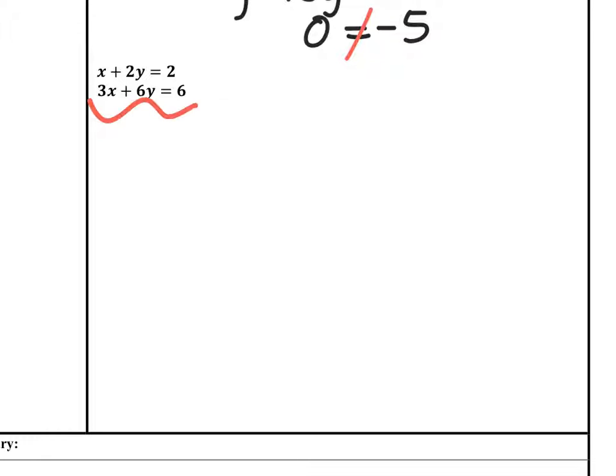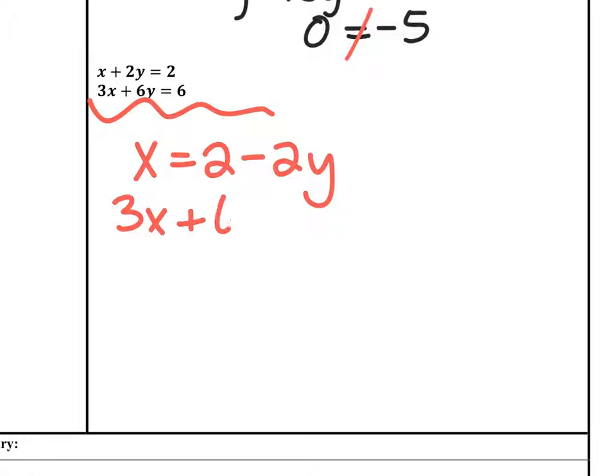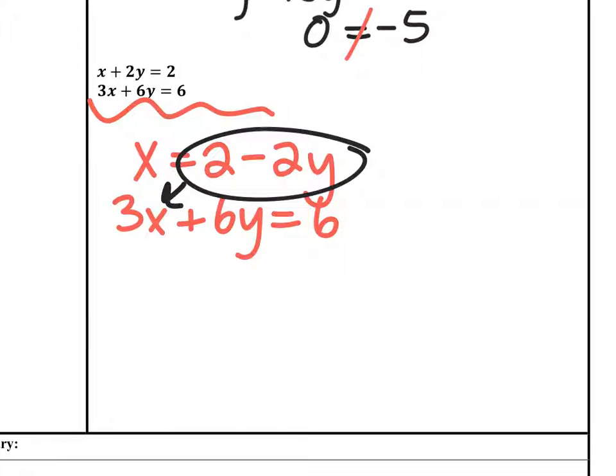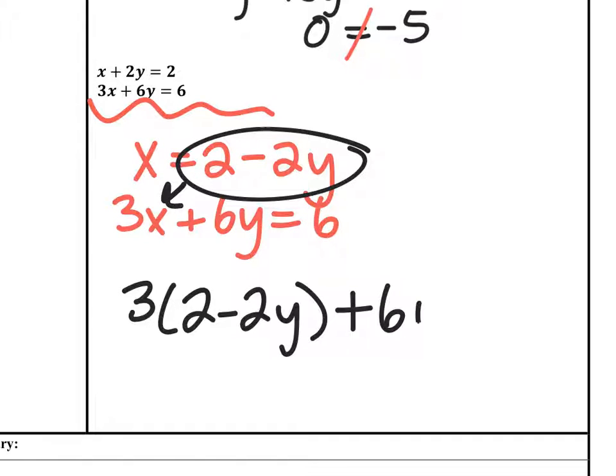Okay, did you guys solve for the first one? Yes. So x is equal to 2 minus 2y, and then write your original for the other one. What ends up happening? 6 minus 6y plus 6y.